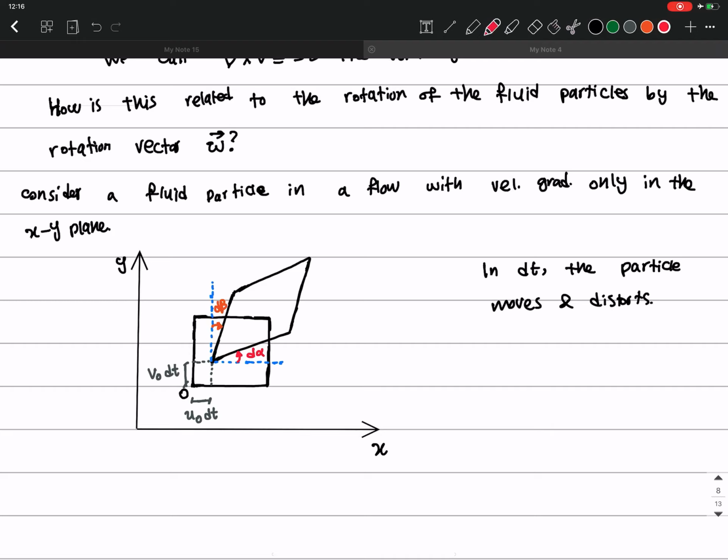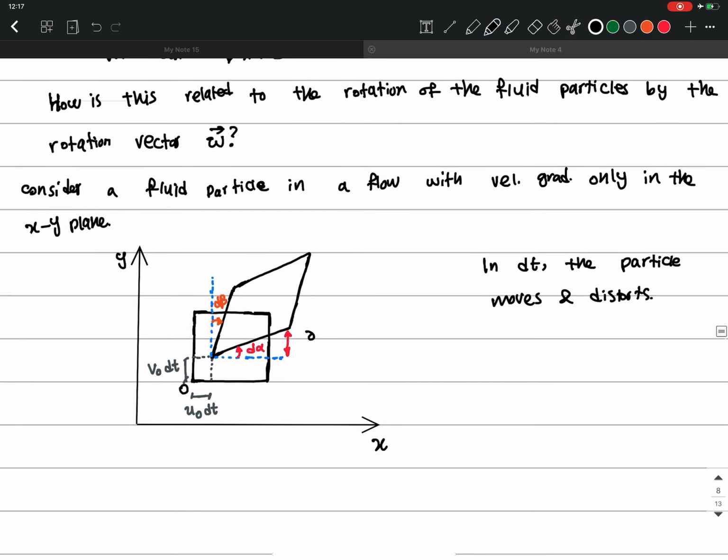We also know that this distance is how much we have rotated, right? So we can calculate this. This is going to be partial v over partial x at O times dx, because this is going upward.